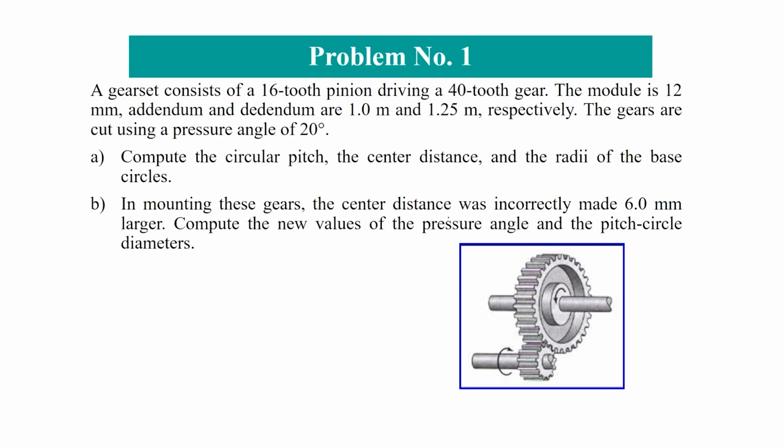It means when the gear was mounted, then the center distance, this is the center distance C, which is equal to the pitch circle radius of the gear, which is dg divided by 2, plus the pitch circle radius of the pinion, which is dp divided by 2.